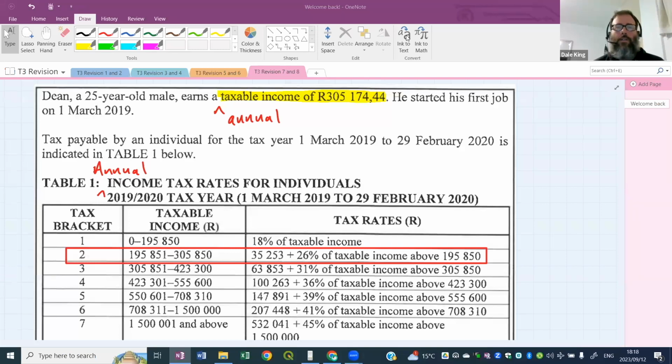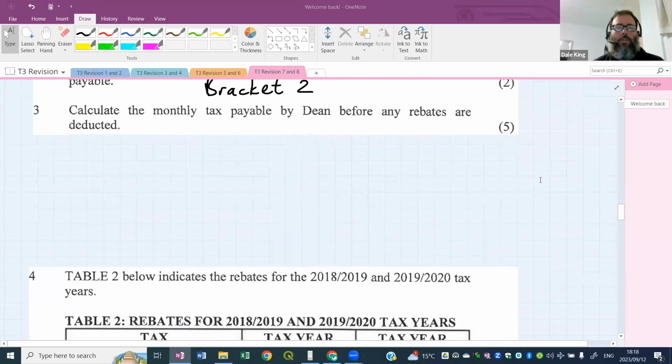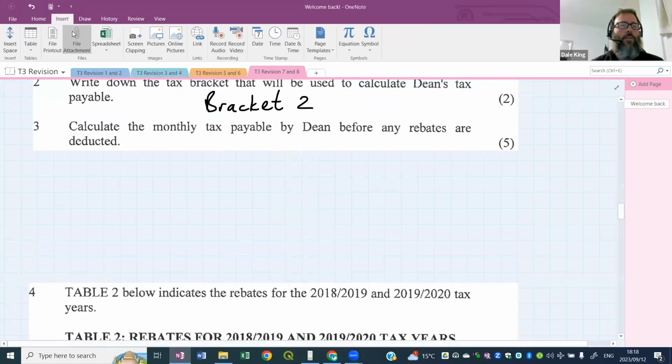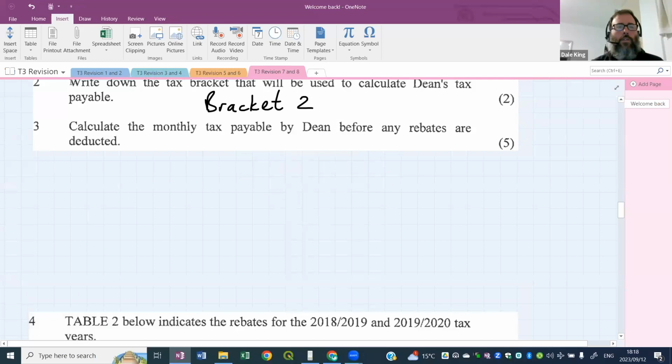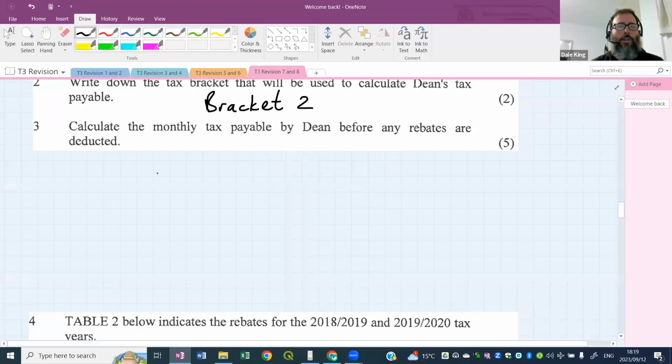Well done, Taran. All right, let's try this one out. So we got 305,174 Rand and 44 cents. That's his annual income.